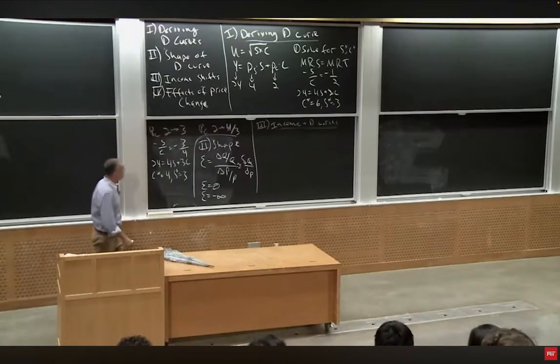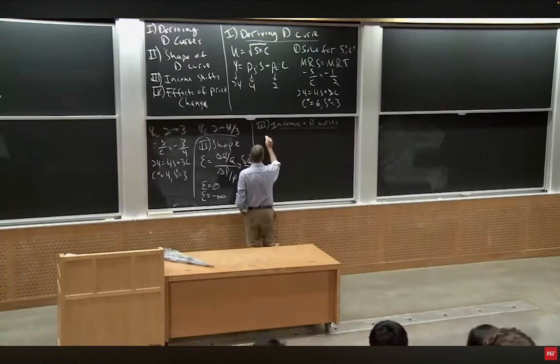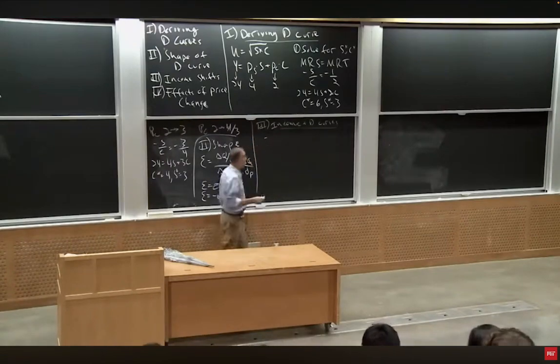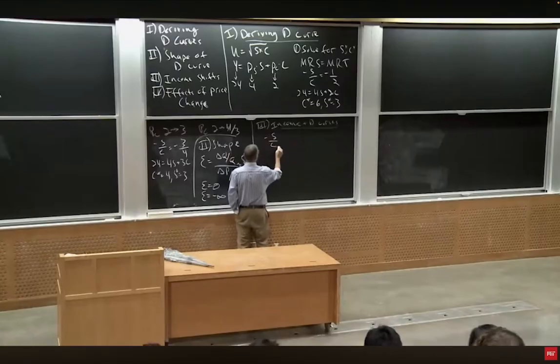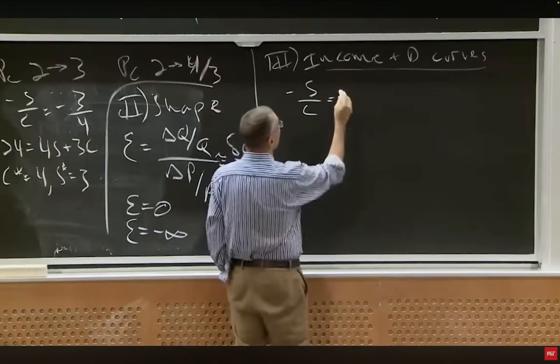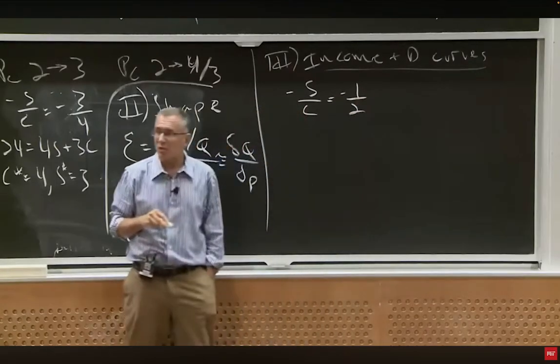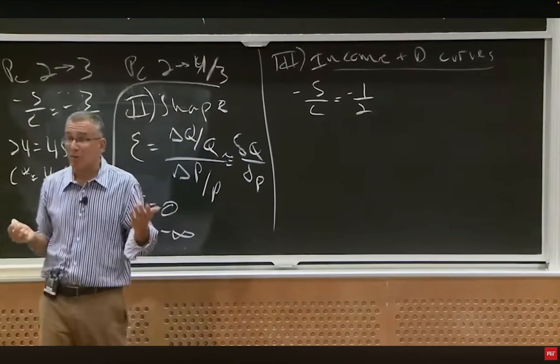Well, in that case, the optimization is that you're still setting minus S over C to the price ratio, minus 1/2. That hasn't changed, because the price ratio hasn't changed and your preferences haven't changed.